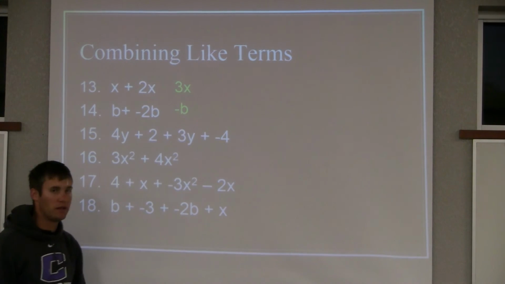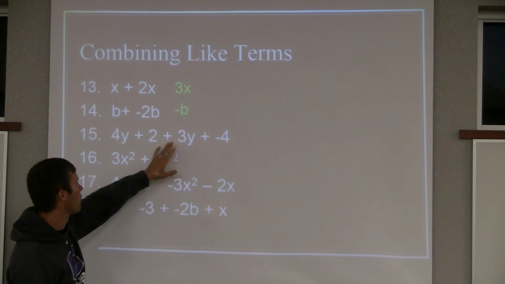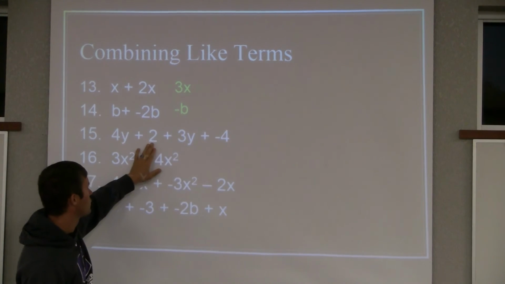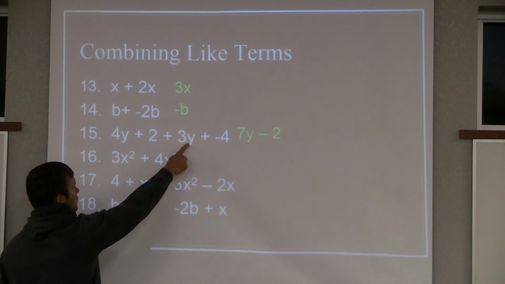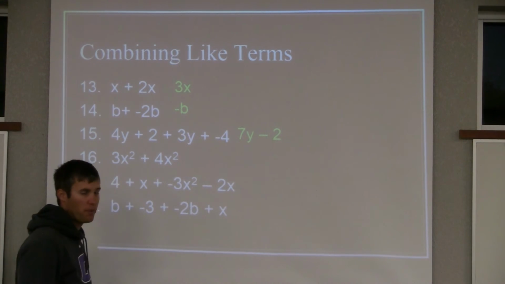So negative 1b. Here I have 4y plus 3y, so 4 plus 3 is 7, so it would be 7y. And then 2 plus negative 4 is negative 2. Once again, check that your y didn't change. It's not y squared. It stays the same.